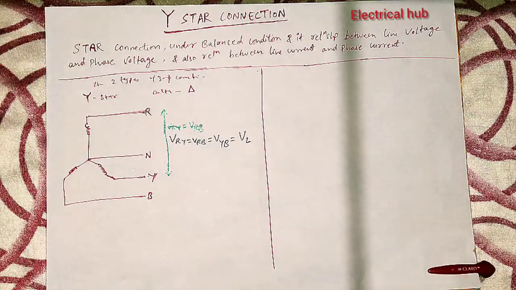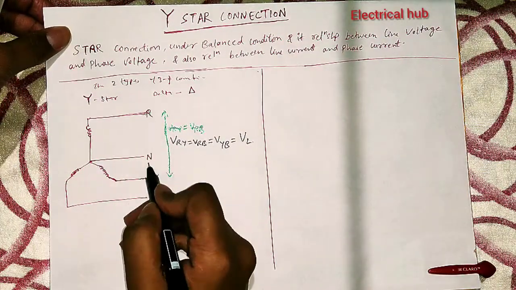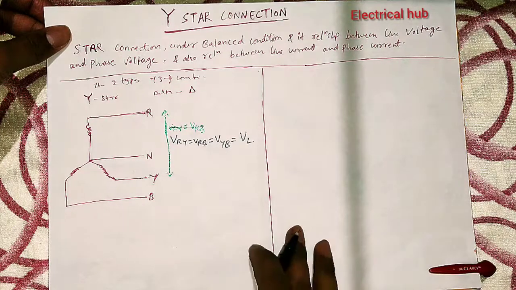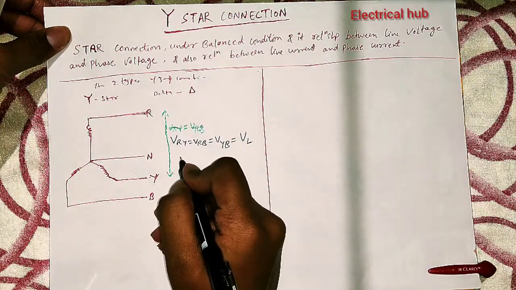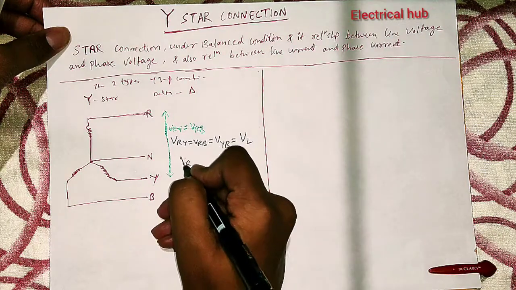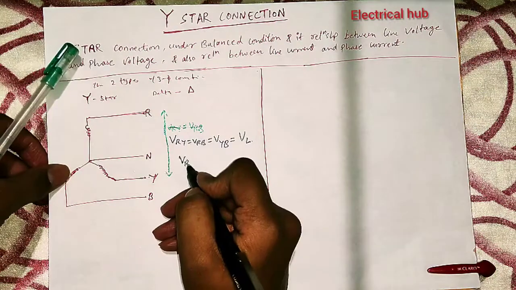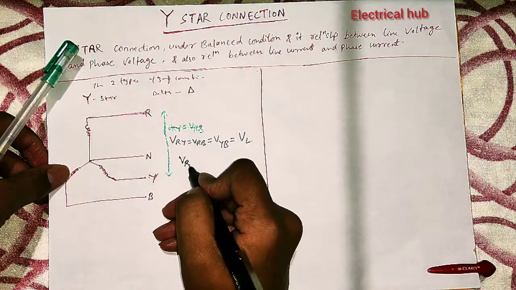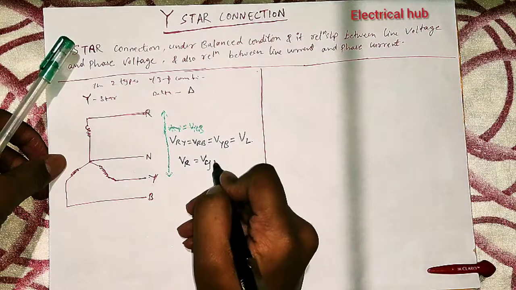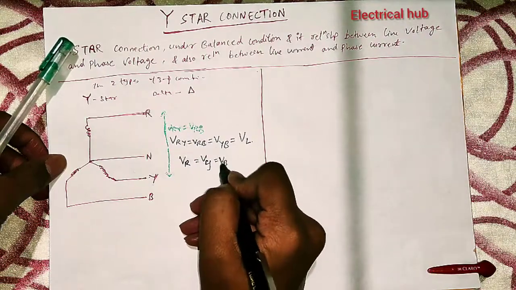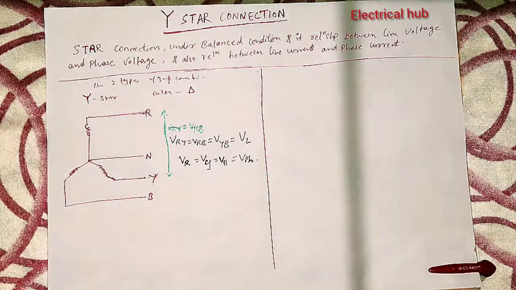And what is phase voltage? The voltage between any line wire and the neutral wire is known as phase voltage. It can be written as VR, where N is not written with any phase wire because N is the neutral point. So it will be written as VR only, which is equal to VY, which is equal to VB, which is equal to VPH, which means phase voltage.